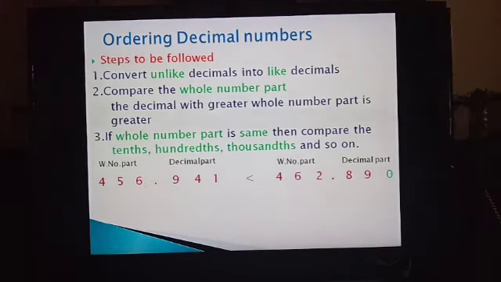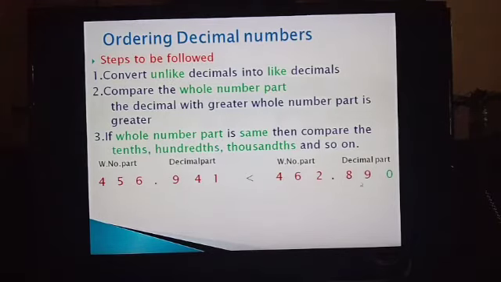See here, 456.941 and here 462.8989. These two are decimals. We need to compare these two. If you check this, the number of decimal places here is 3, here only 2 are there. So what is the first step, children? We need to convert unlike decimals to like decimals.